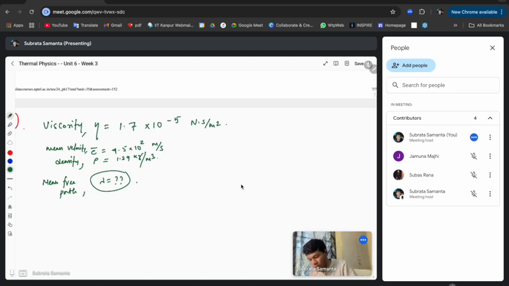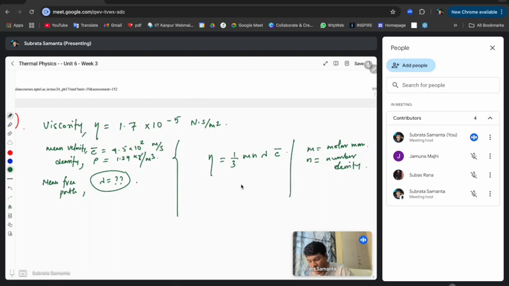First of all, as I discussed the previous day, the viscosity eta equals 1 over 3 m times n lambda C average, where C average is the mean velocity and lambda is the mean free path. Now what are m and n? m is the mass of the molecules, and n is the number density.